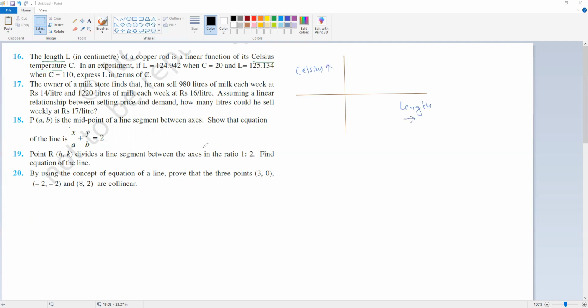So the length of a copper rod is a linear function of its temperature.